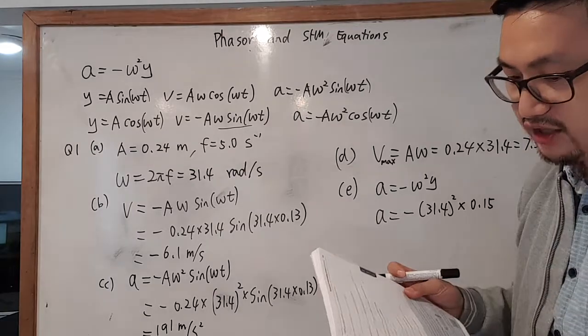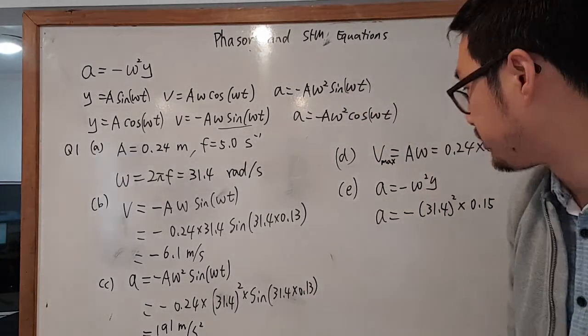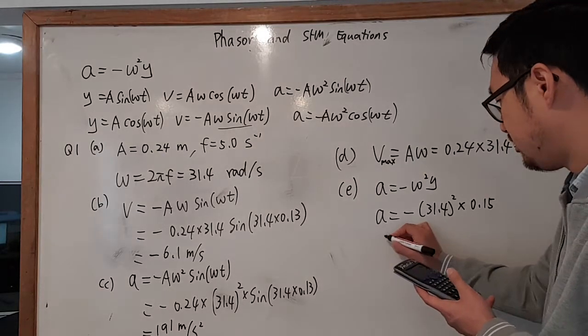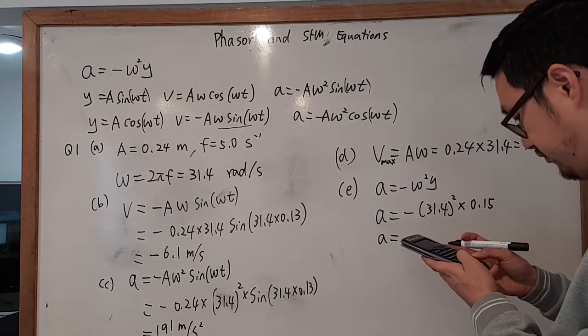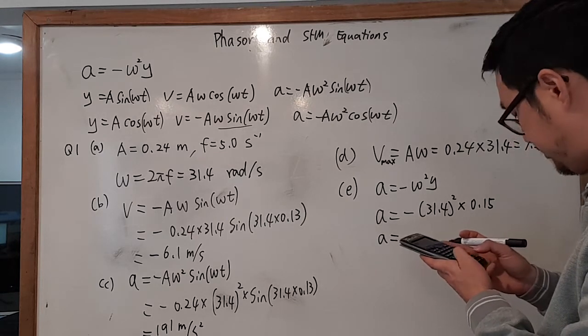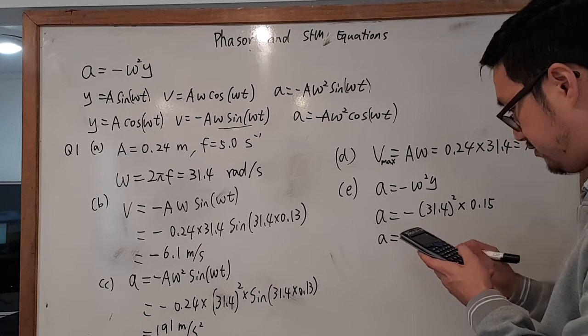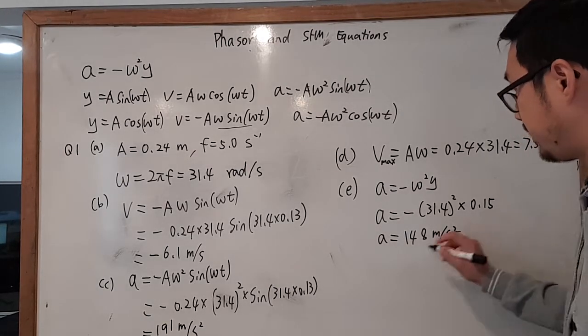This one did not tell me if it's going upward or downward, so you can just ignore the positive or negative sign. It doesn't matter. So the acceleration I have is 31.4 times 31.4 times 0.15, which is 148 meters per second squared.